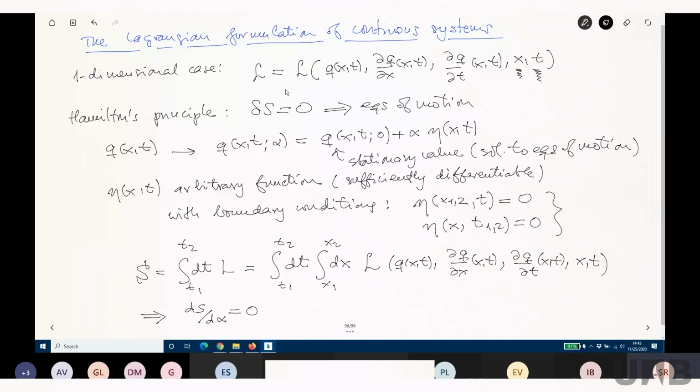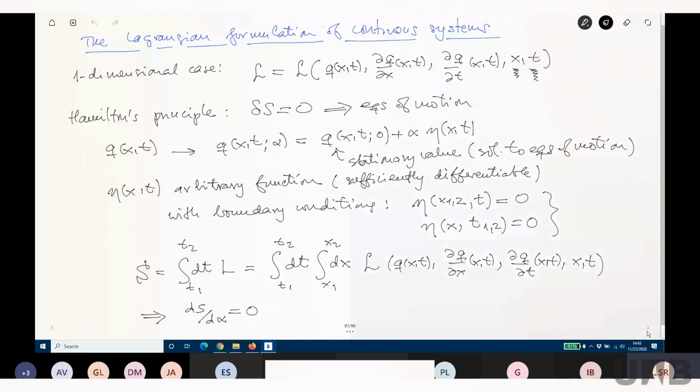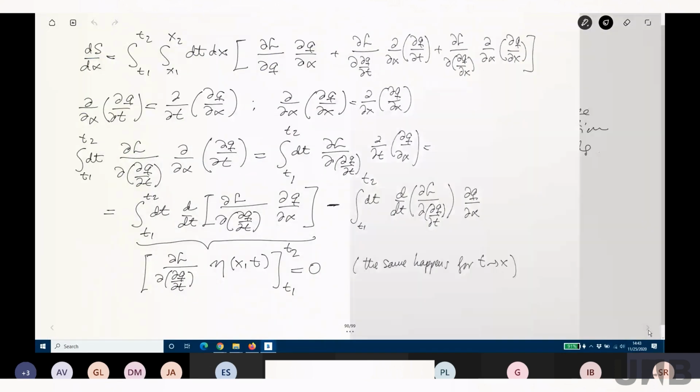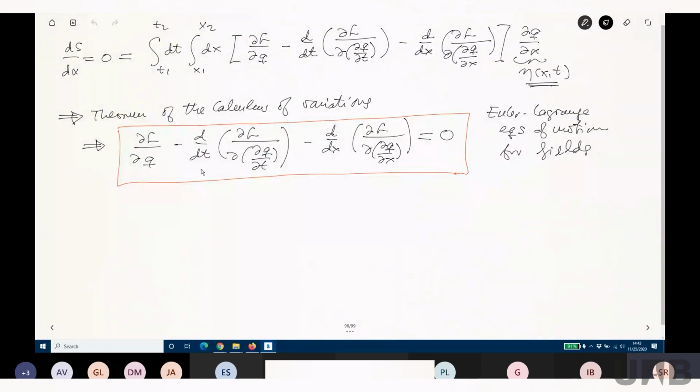Most of the time, the Lagrangian density will depend on the field and derivatives of the field. But in this case, we consider this, and this is why we have to be careful here. We are taking the total derivative with respect to time and x. So your question was actually very pertinent, because now we'll have to be careful about this.